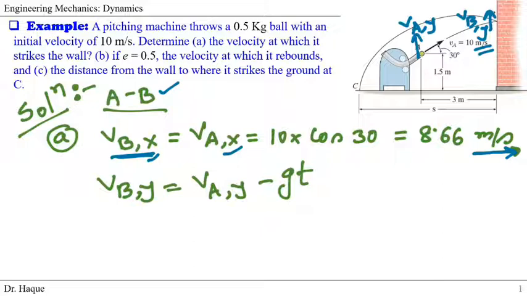So to find VBY, I need VAY. I already know G, 9.81. I need to find T. Okay, so I may have to move forward, or maybe I need one more step to find the T. So how can I find the t? What do you think? What should we do?